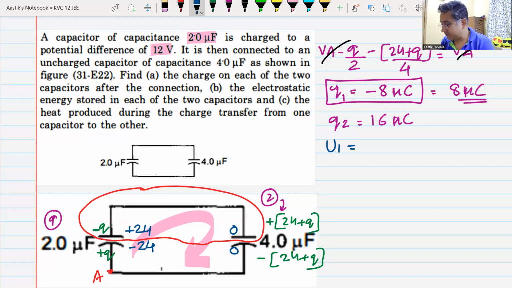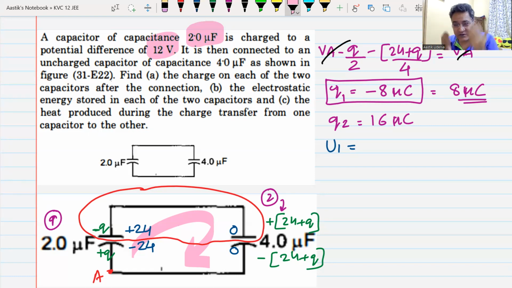Initial energy, bhai sahab, initial energy. When nothing was there. At the time of Big Bang, what was the energy here? Initial energy. 24, sir.